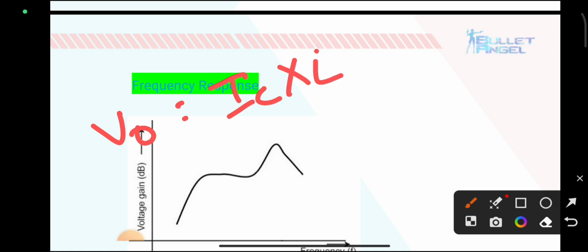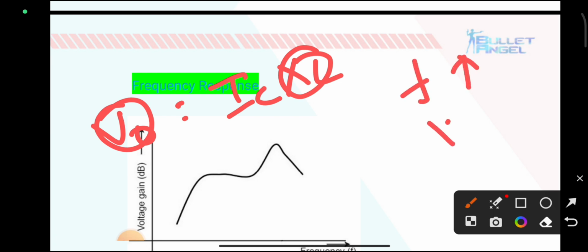Here XL is low, so the output voltage is also low. As f increases, XL also increases because it is directly proportional. When XL increases, the output voltage Vout also increases. So when output voltage increases, gain also increases. At a certain frequency, it becomes constant and continues at its saturation point.